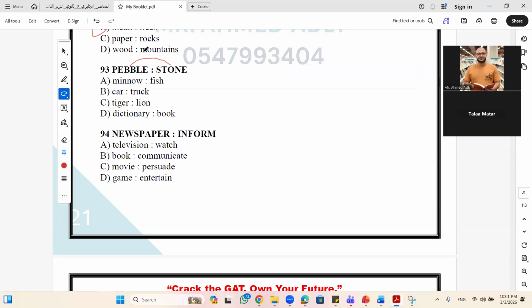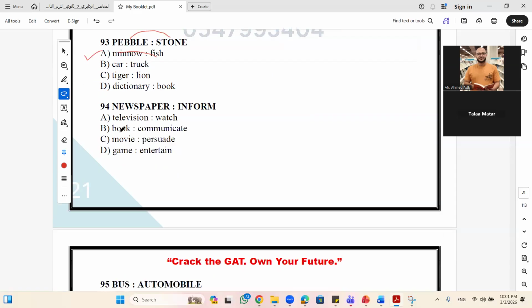Minnow and fish. Minnow is a small fish. Newspaper.